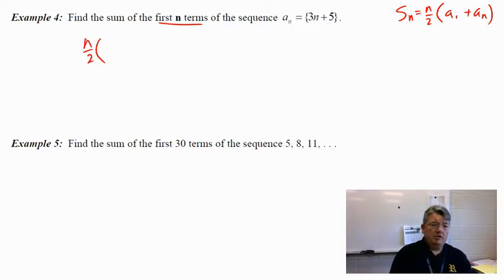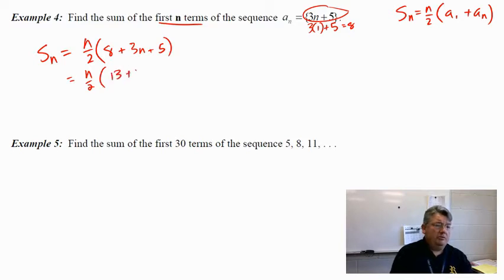Well, the first term is 3 times 1 plus 5, that's 8. So the sum equals the number of terms divided by 2 times 8 plus the nth term. Well, the nth term is just this, 3n plus 5. So n over 2 times 8 plus 5 is 13 plus 3n.